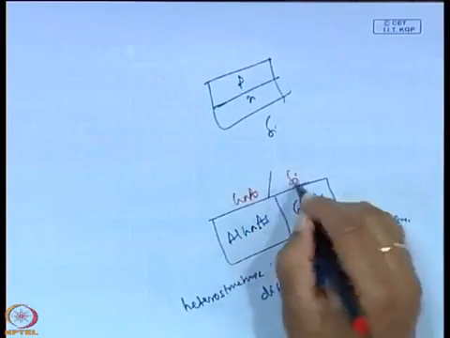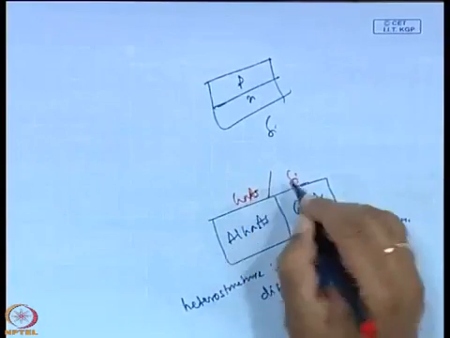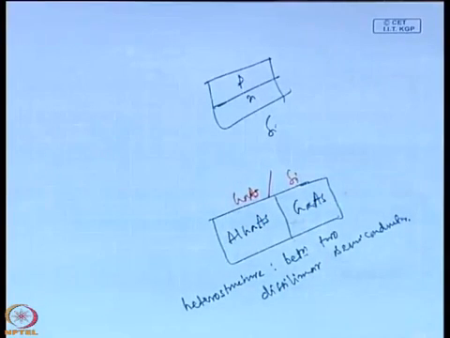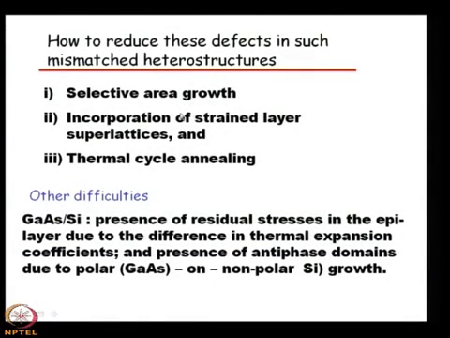We are talking about the growth of a gallium arsenide epitaxial layer on a silicon substrate, and how to reduce these defects. People have been trying for a long time, and they have come out with solutions: selective area growth, the incorporation of strained layer superlattices, thermal cycle annealing, or a pseudomorphic buffer on silicon.